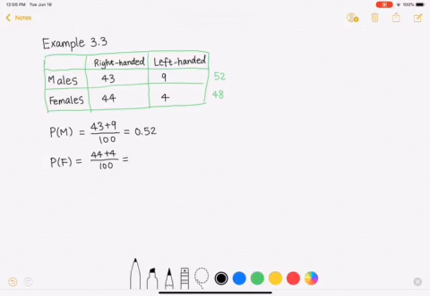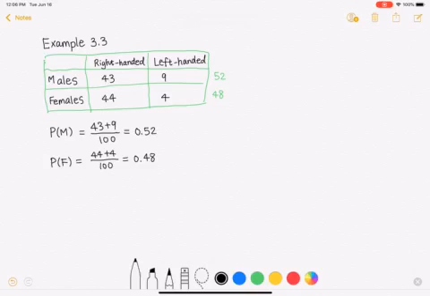Or you can say the probability of male is 0.52, and they should all add up to 1. So you know the female should be 0.48. Because in the population, in this example, the individuals are either male or female. Therefore, they should add up to 1. That's a way to verify your answer.